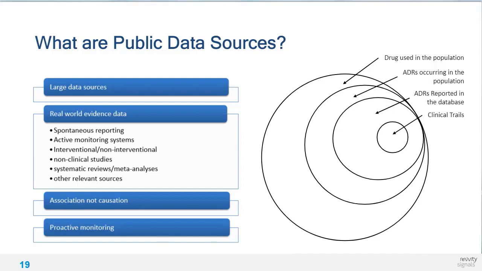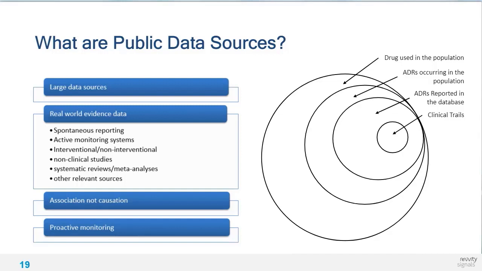Also from active monitoring systems, interventional studies like the clinical trials we mentioned, non-interventional studies like epidemiology studies, also non-clinical studies, for example, animal toxicology studies, or systematic reviews or meta-analyses from published literature, and even media. So we want to include all relevant sources; all of them should be considered in our pharmacovigilance data sets.